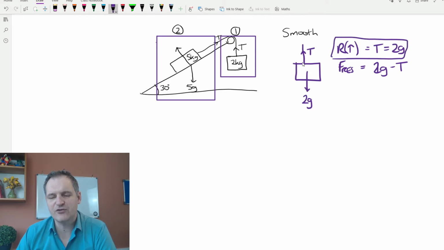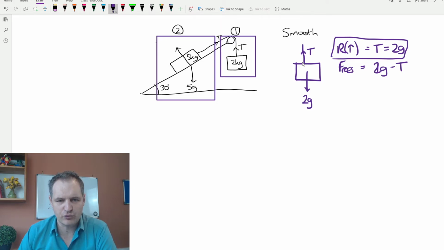But if it's not, then there's a resultant force. We know that the resultant force must be 2G minus T. Let's first of all imagine that it's steady. This steadiness means that we now have a value for T in the other system. So we draw the other system. Remember, you can treat each part of the system as a separate diagram in itself.